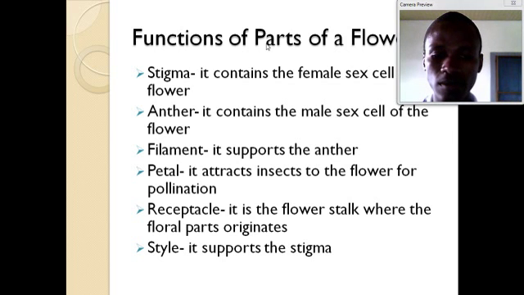Petal. It attracts insects to the flower for pollination. Receptacle. It is the flower stalk where the floral part originates. Style. It supports the stigma. These are the few parts of the flower with their functions.